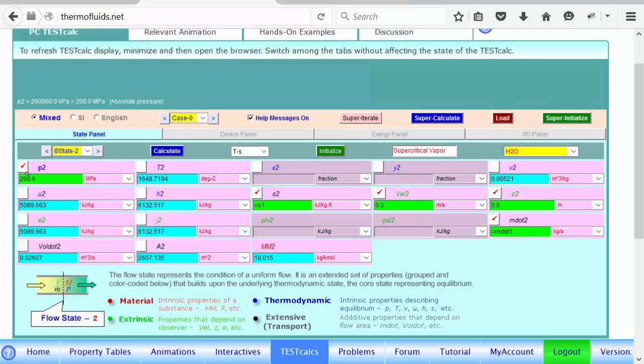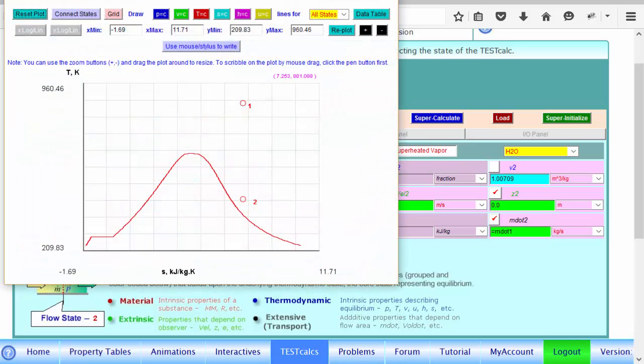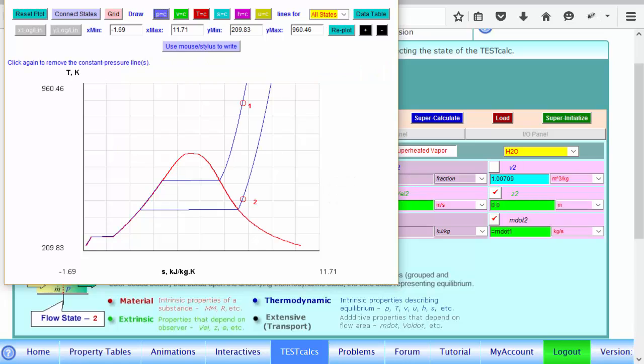Look, the pressure at state 2, instead of 200 kPa, I entered that as 200 MPa. Big mistake. So when I do 200 kPa and calculate, notice now state 1 is up there and state 2 is down there because we know the pressure is lower. So that's the value of drawing the TS diagram. If there is a mistake, it graphically shows up instantly.